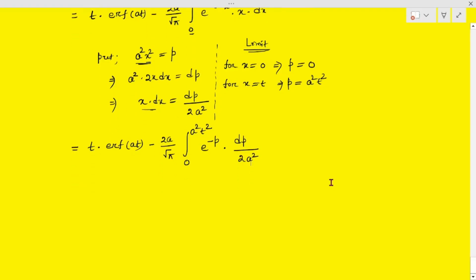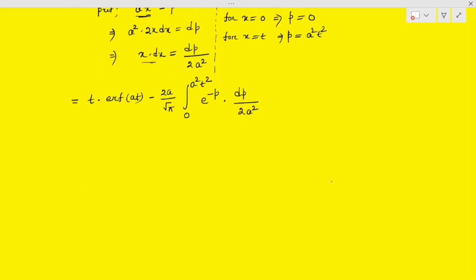So t into erf at, here 2 got cancelled, 1 a got cancelled, so the remaining denominator is root pi into a.